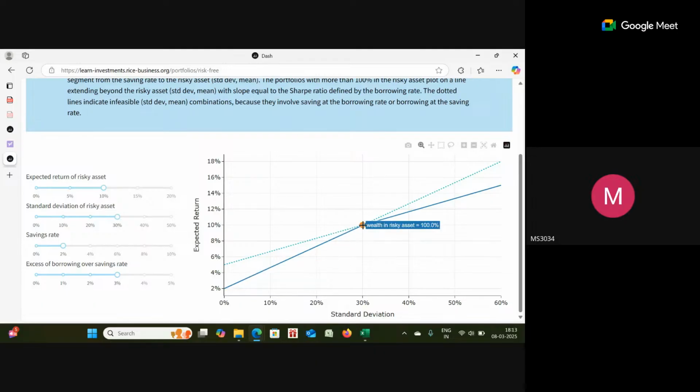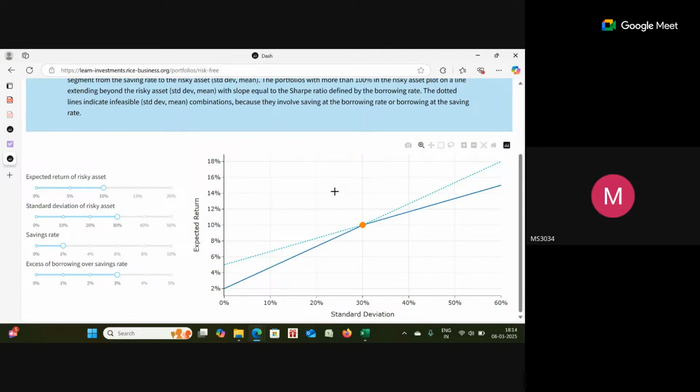Now, there is a possibility that you go to the market, like an individual who wants to take more risk and invest more than 100% of your wealth in the risky asset. Then what you would do is go to the market, borrow some money, and then invest.